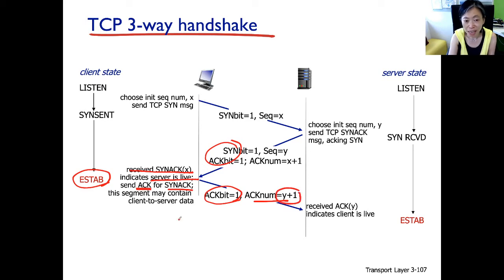Because the client, observing that the initial sequence number of the server is Y, sets the next sequence number to Y plus 1. And that number is also shown in the ACK number. And so the server, finally receiving the ACK, is sure that the client is live and the socket is now complete and in the established state.